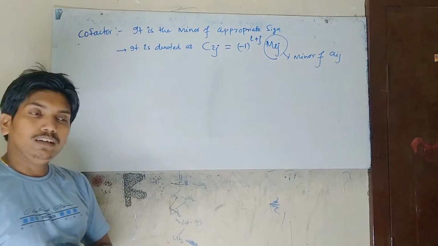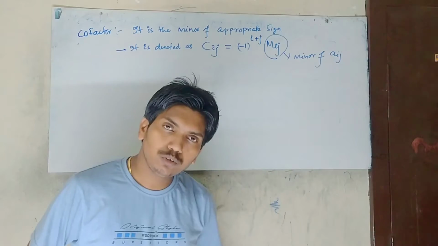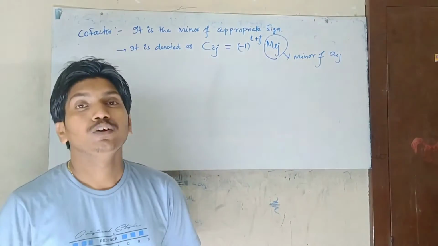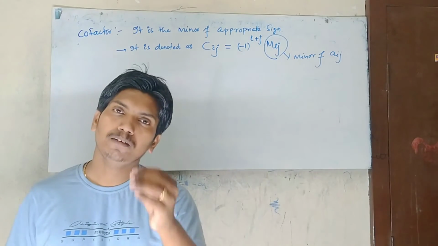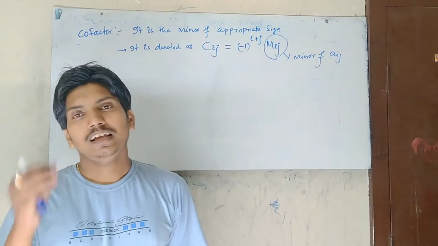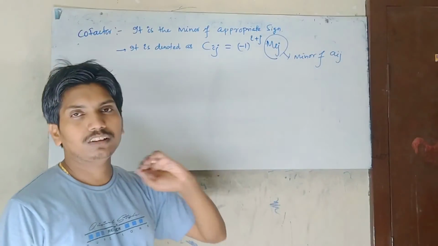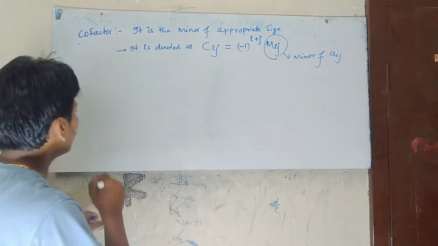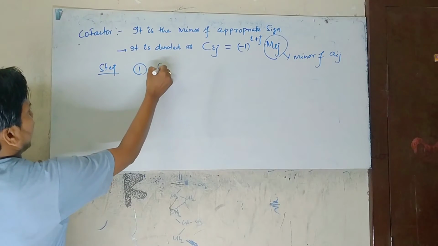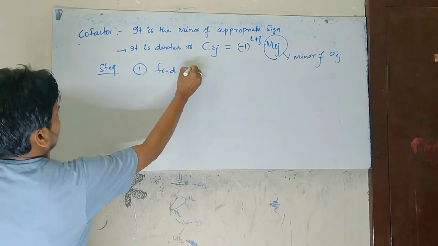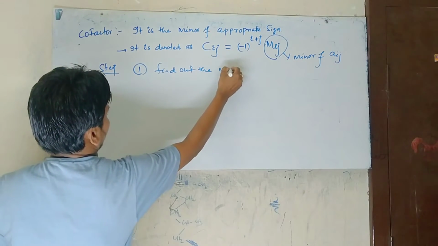So what is the way to find the cofactor? Simply find the minor, then add the sign. Nothing else is there. So what is the step? Step number 1 is to find the minor.